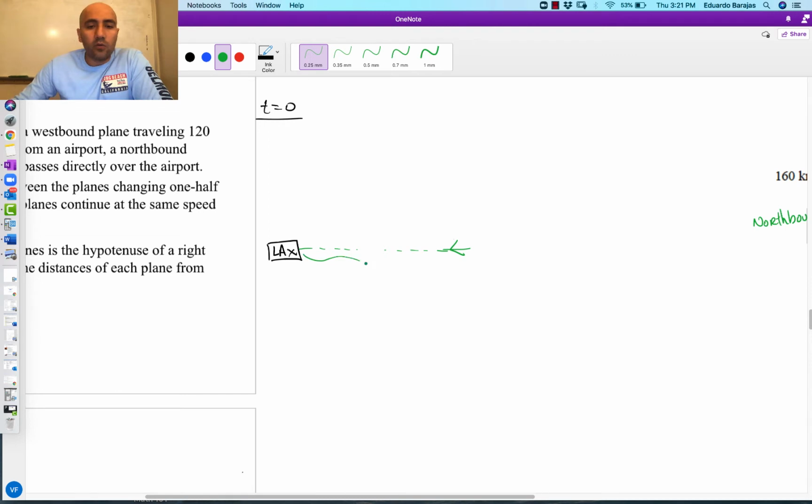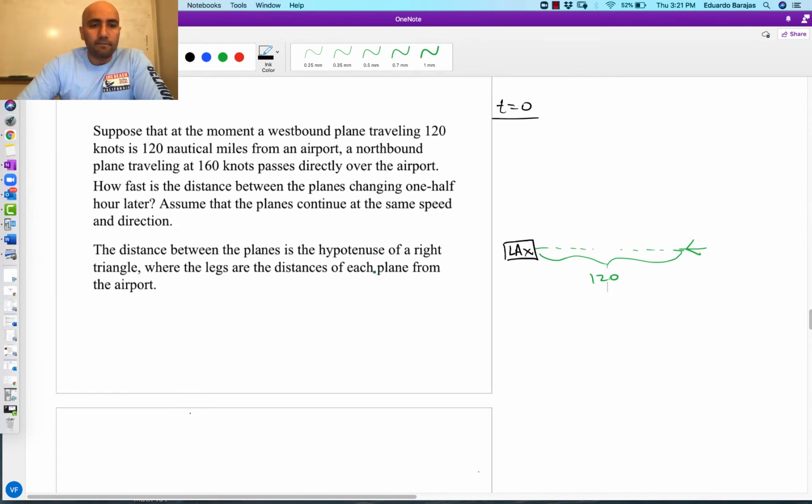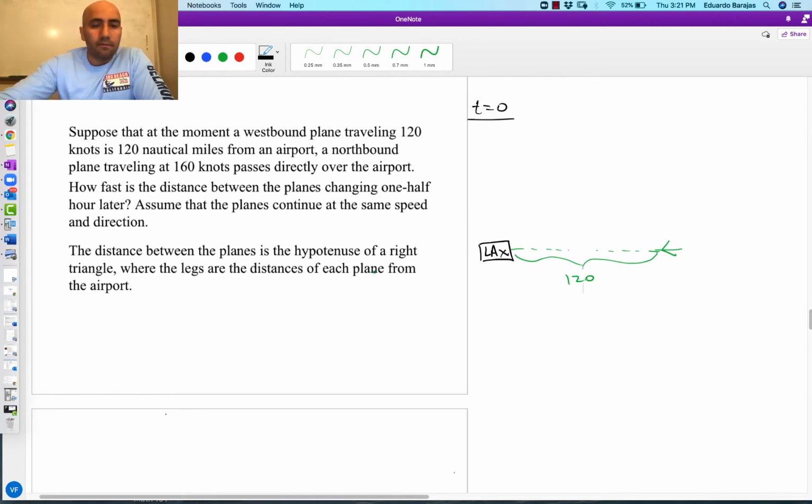At time 0, we know that this is 120 miles from the airport. Let's use W, the letter W, to represent the distance that this westbound airplane is away from the airport.